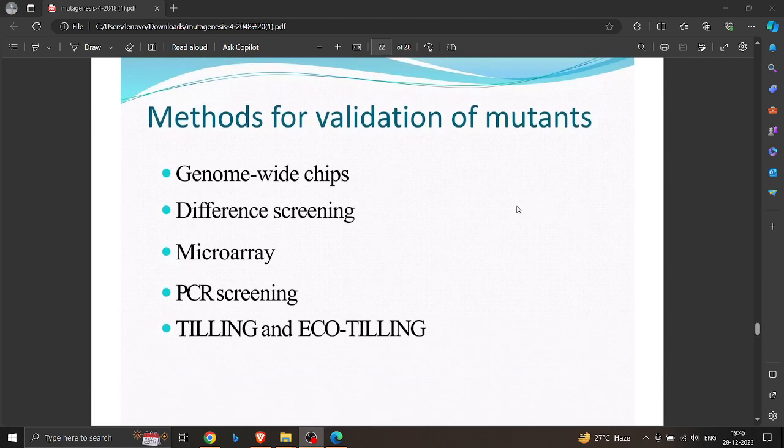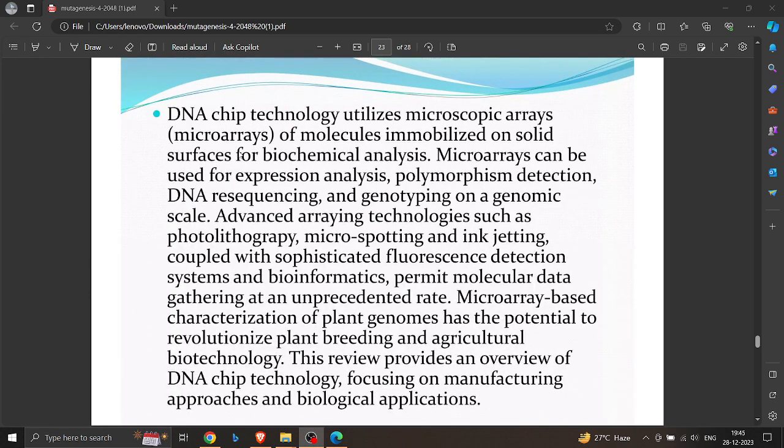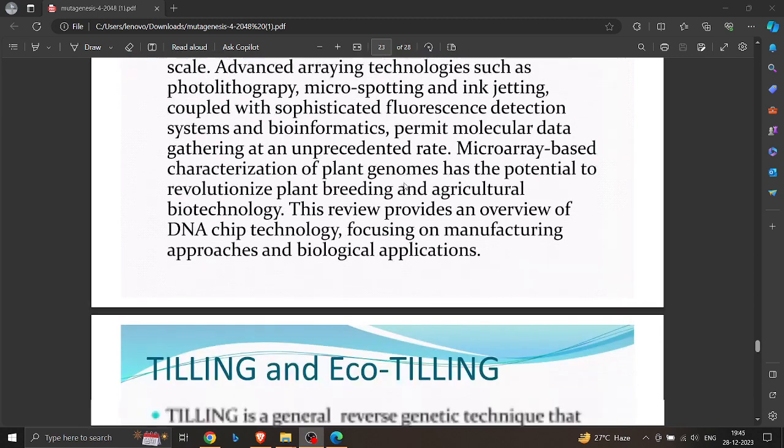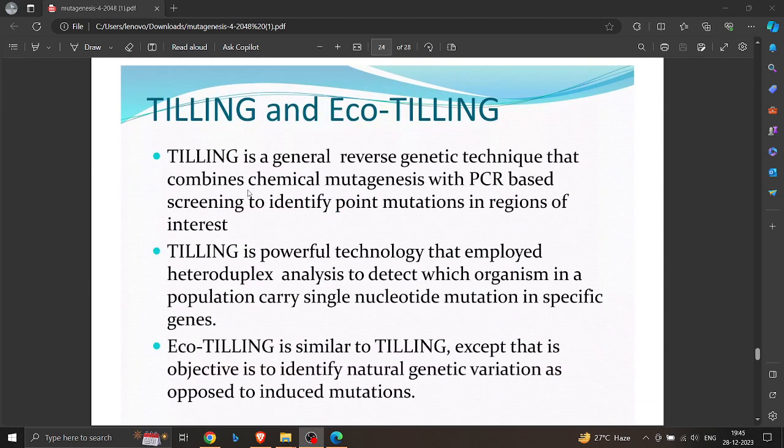Methods for validation of mutants include genome wide chips, microarray, PCR screening, TILLING, and EcoTILLING. DNA chip technology utilizes microscopic arrays of molecules immobilized on a solid surface for biochemical analysis. TILLING is a general reverse genetic technique that combines chemical mutagenesis with PCR based screening to identify point mutations in regions of specific interest.